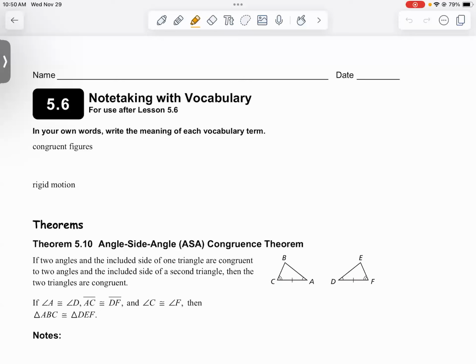Okay, we're gonna learn two more shortcuts for proving triangles congruent. So we're on page 150.